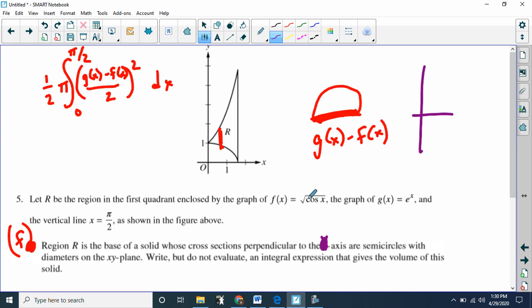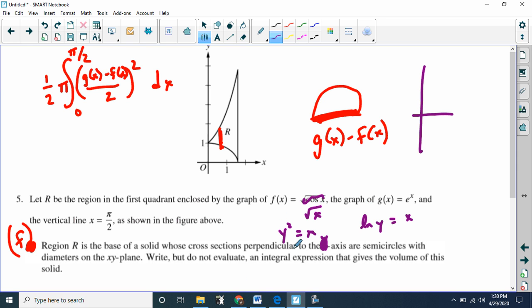So in this case, let's suppose that's square root of x, it would be x equals y squared, and then this one x equals ln of y. And you're going to do it the same way, but it's x value minus x value. So here we have y minus y, so it's going to be x minus x. And then your bounds are going to be the y values of the intersection points as well. Hopefully that makes a little bit of sense.